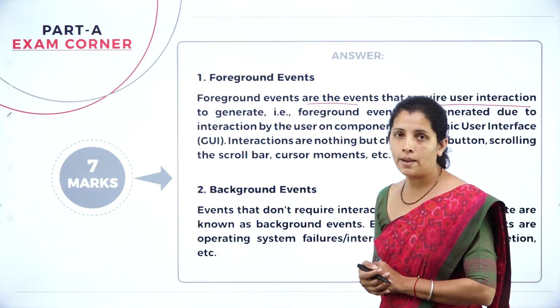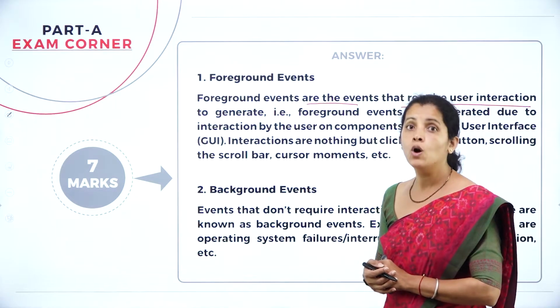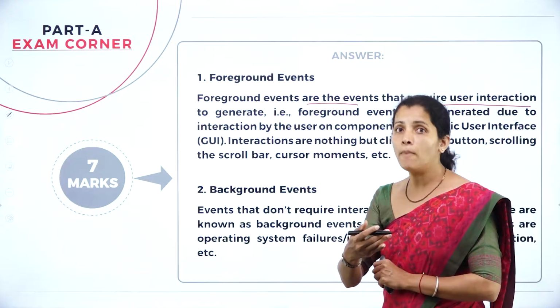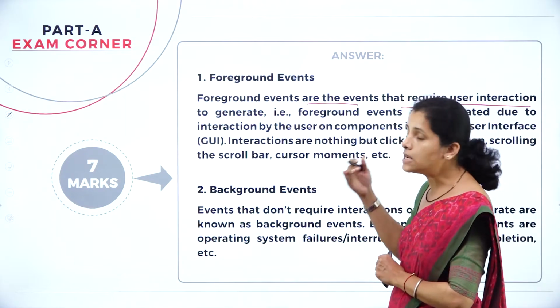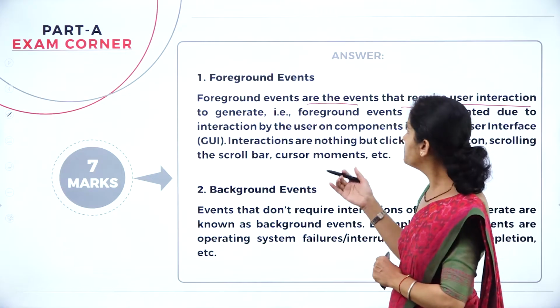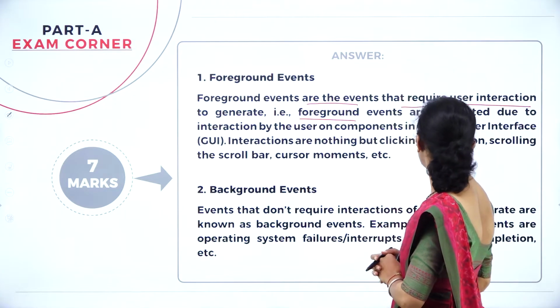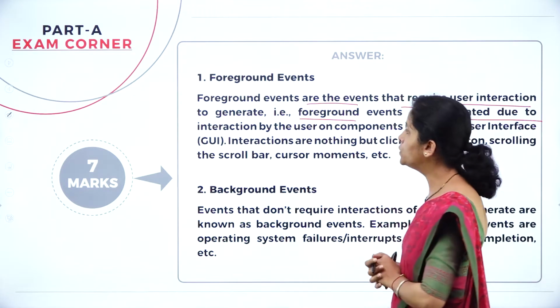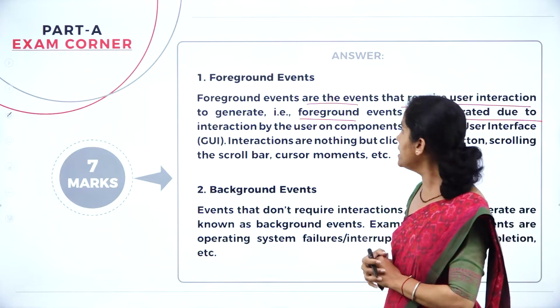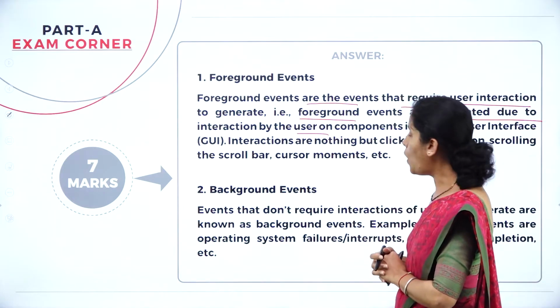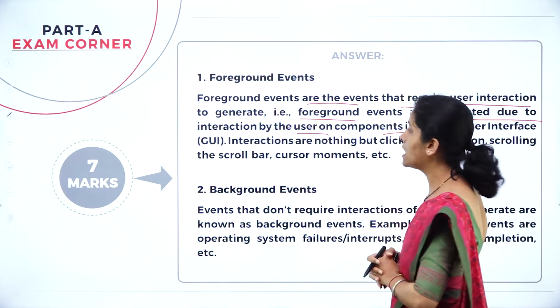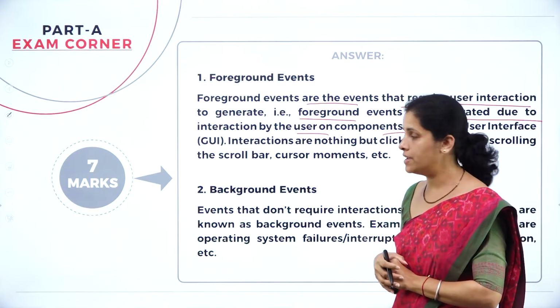Example, when I press the mouse button, when I scroll the mouse, or when I press the keyboard. So foreground events are generated due to interaction by the user on components in the graphical user interface.